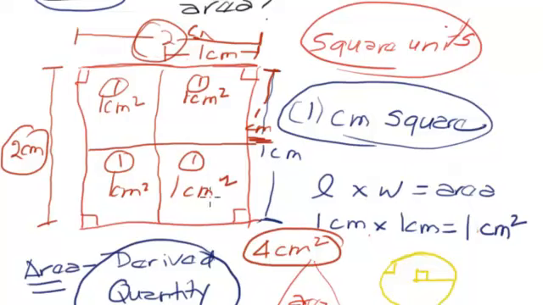That should make sense, because we have 4 individual squares, each one of which is 1 by 1, which is 1 square centimeter. So the total, adding these up, is 4 square centimeters. I always take a little time to introduce this when we talk about area.